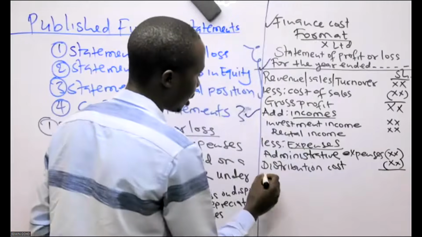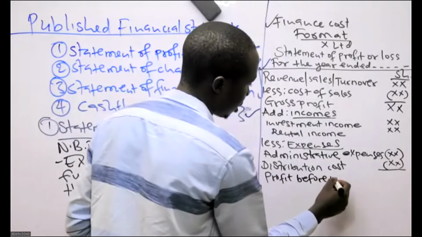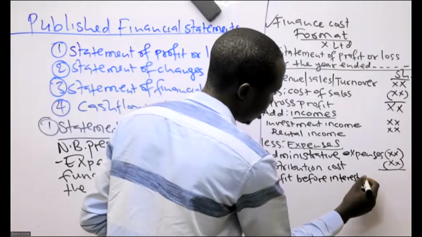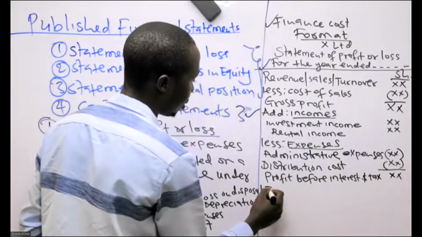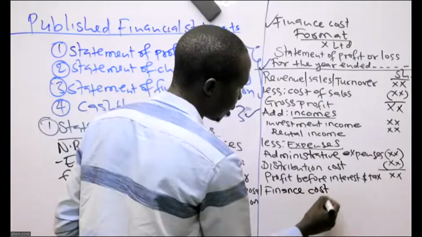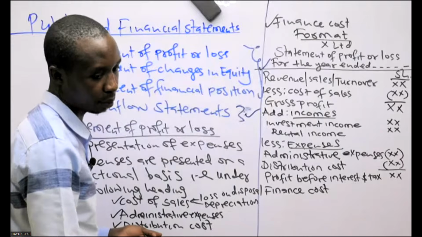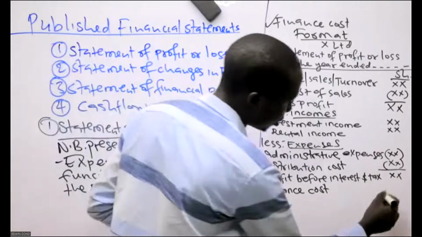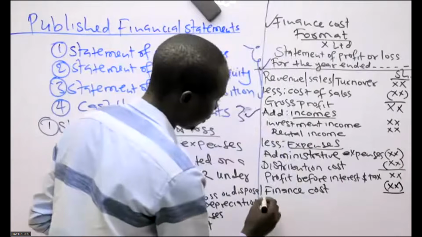So up to this point, we get profit before interest and tax. Then interest, remember, is all about the finance cost. Interest expenses are classified under the finance cost. So up to this point, we get profit before tax.